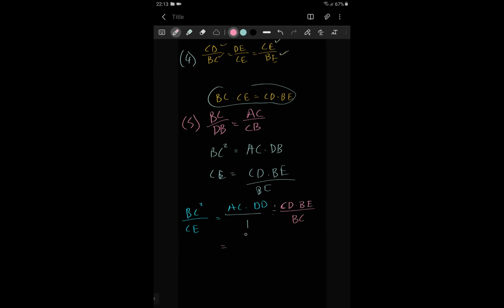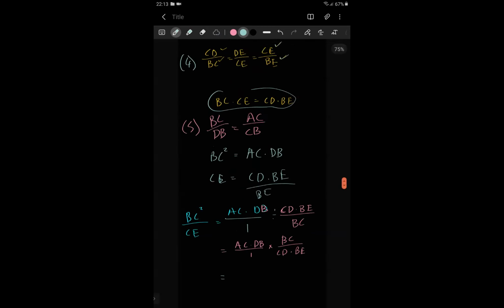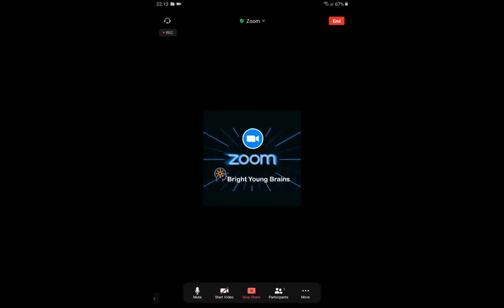Flip it over, you have AC, DB, multiplication symbol, BC over CD, CE. This seems so messy now. Let me just stop for now.